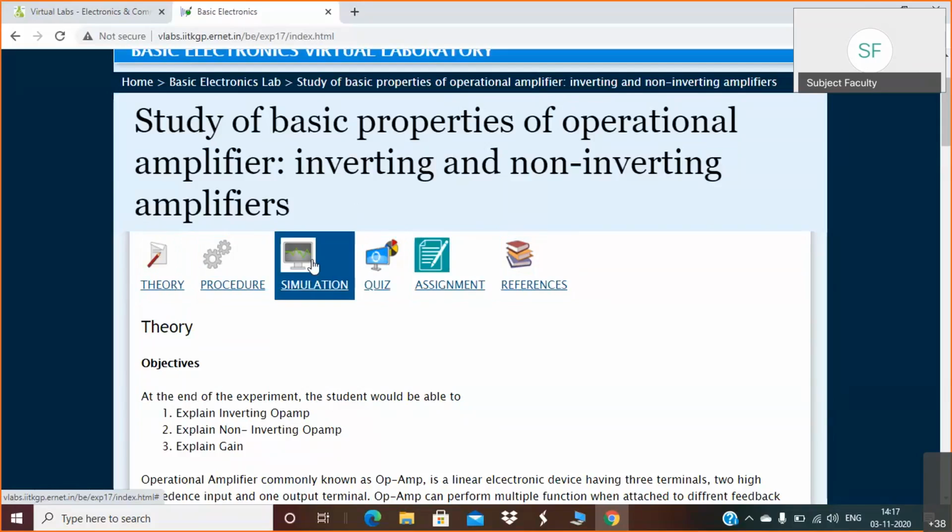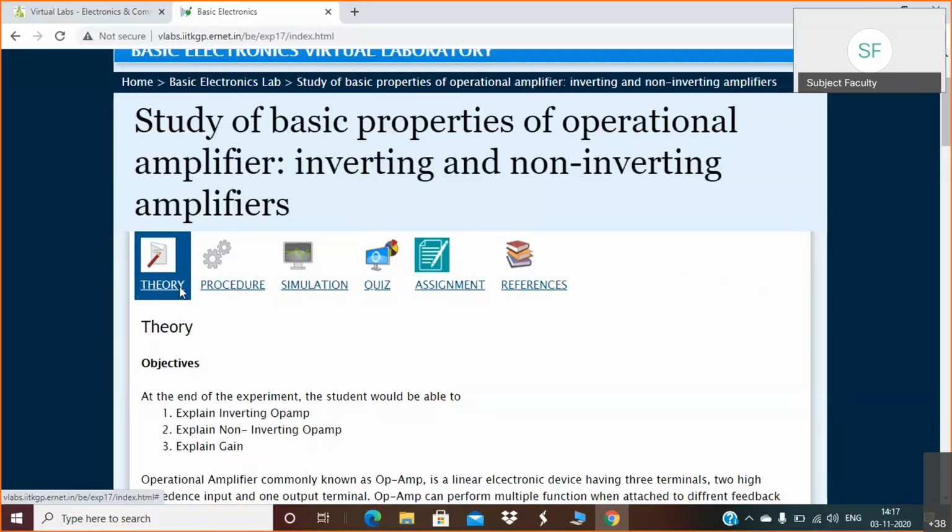You can refer to all of these, but importantly you should know the theory. Of course, we know the theory, and then you have to follow this procedure while doing the simulation. This is very important. Now our procedure will be somewhat different than this procedure. While performing virtual labs, you have to follow this procedure only, then the simulation.